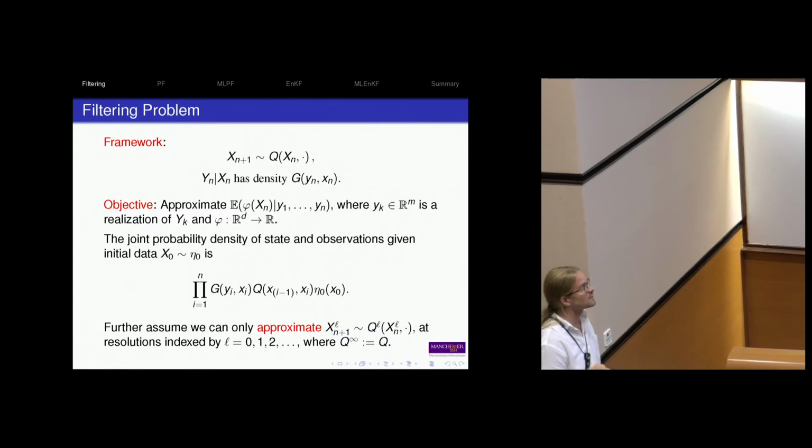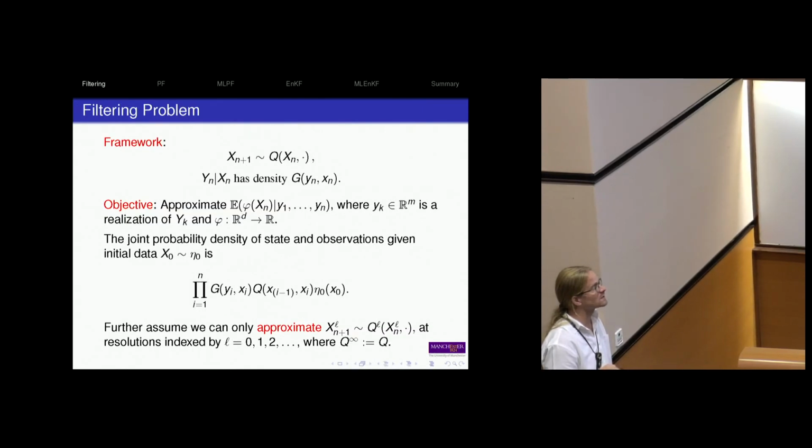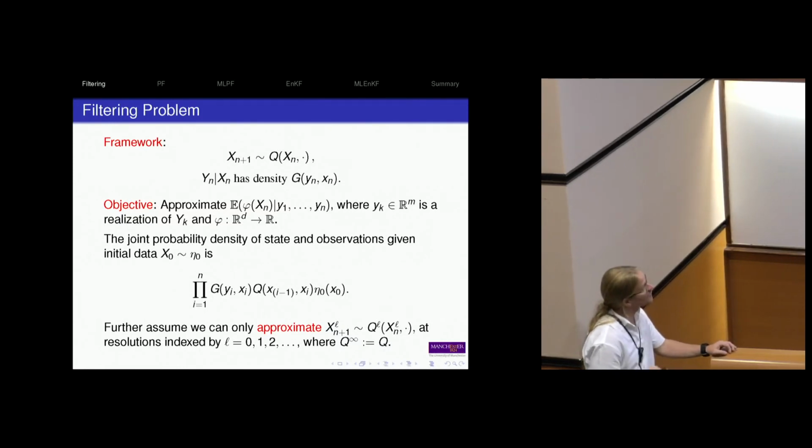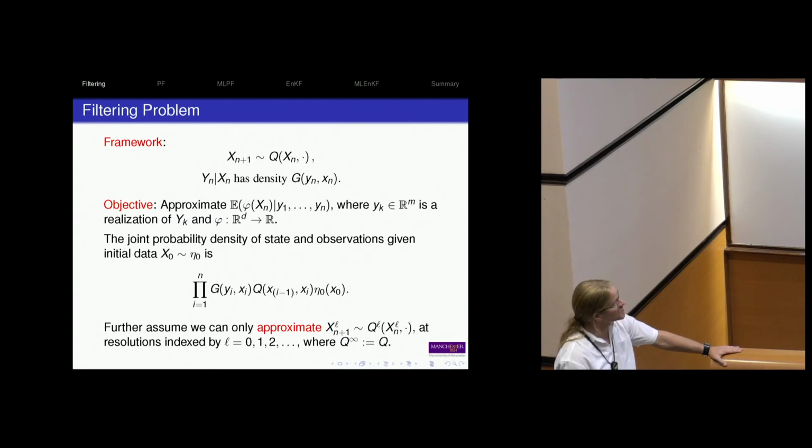So we'll have some approximate Markov processes, X^l_{n+1}, which is dictated by this approximate Markov kernel Q_l, and these l will correspond to resolutions, approximation levels of the limiting SDE, and so in this notation then Q_infinity is defined to be the Q. So that's what we'd like to solve.